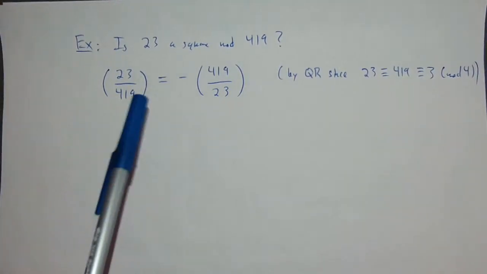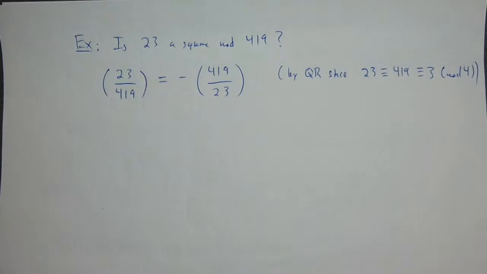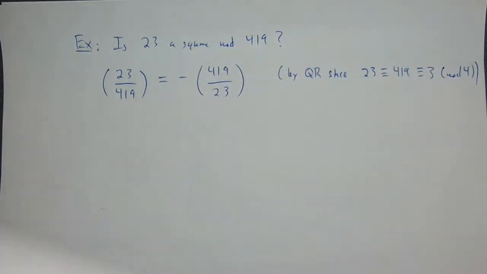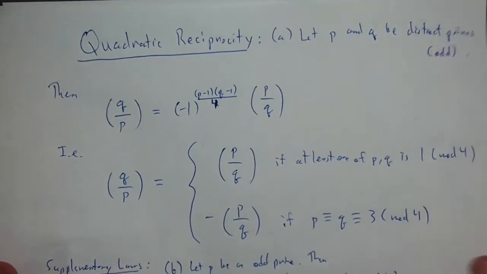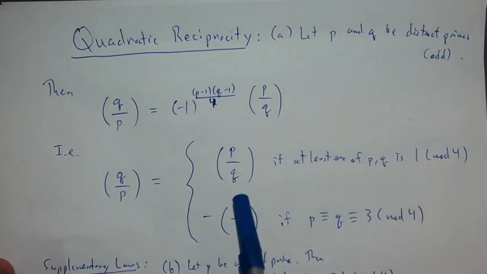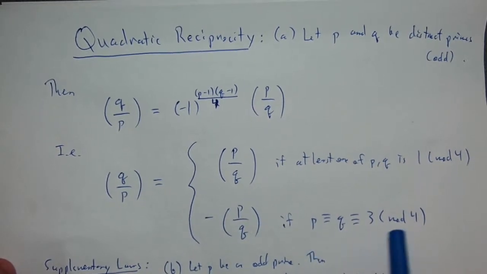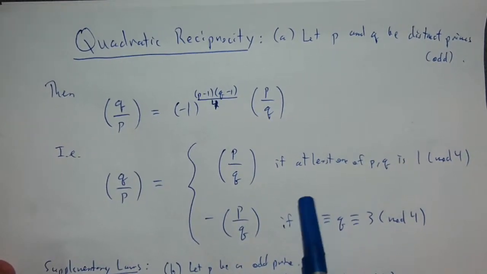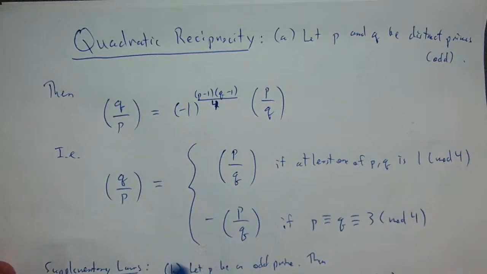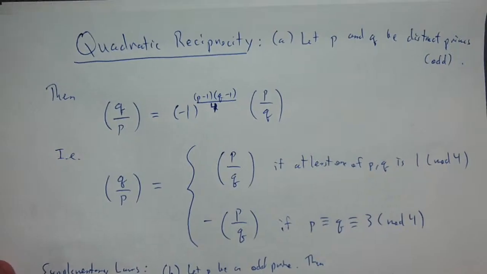So we are in the exact case in quadratic reciprocity where we get the flip with the minus sign. Just to remind you, Q on P is minus P on Q if both P and Q are congruent to 3 mod 4. If one of them is congruent to 1 mod 4, then when we flip, we don't have to introduce the minus sign.